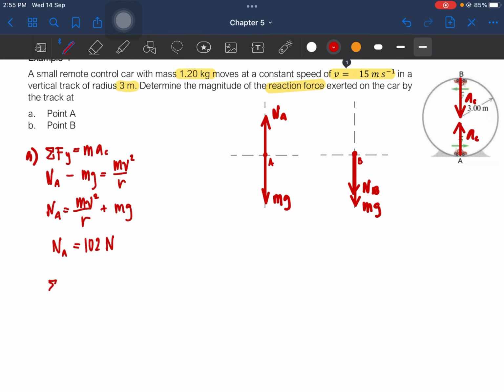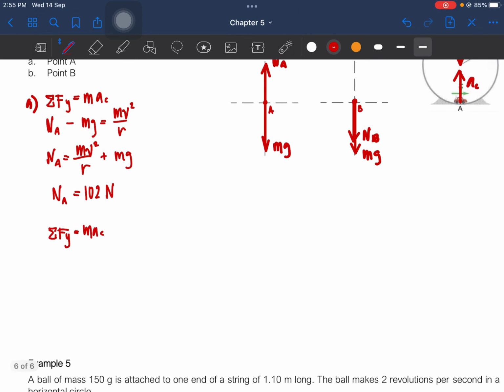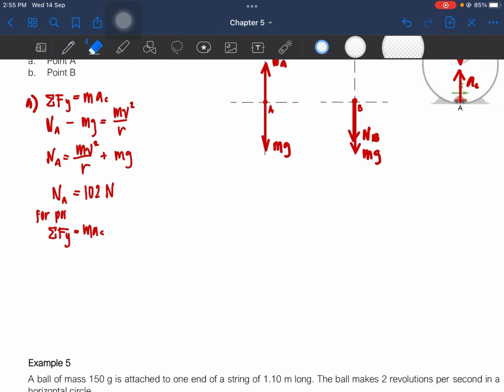Untuk point B pula, do the same thing. Just letak B. Okay, so kita refer yang inilah. So, both are positive sebab both follows the direction of radial acceleration.